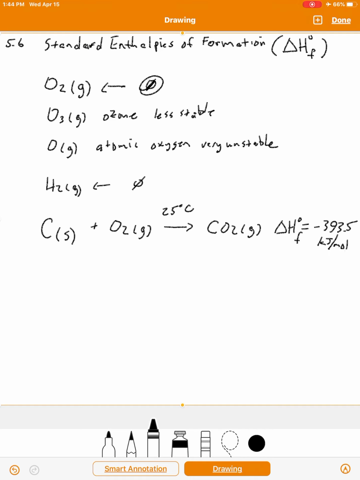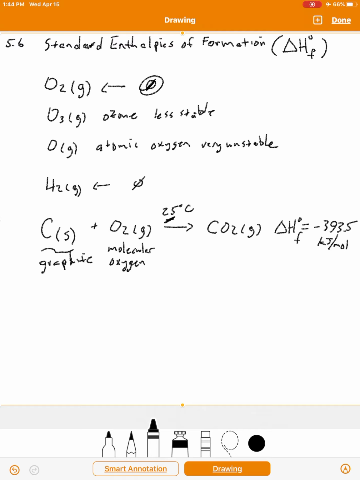In other words, if you took carbon in the form of graphite, which is the most stable form of carbon, and 1 mole of molecular oxygen, O2, which is the most stable form of oxygen, and at room temperature you ran the reaction, you measured how much heat was released.